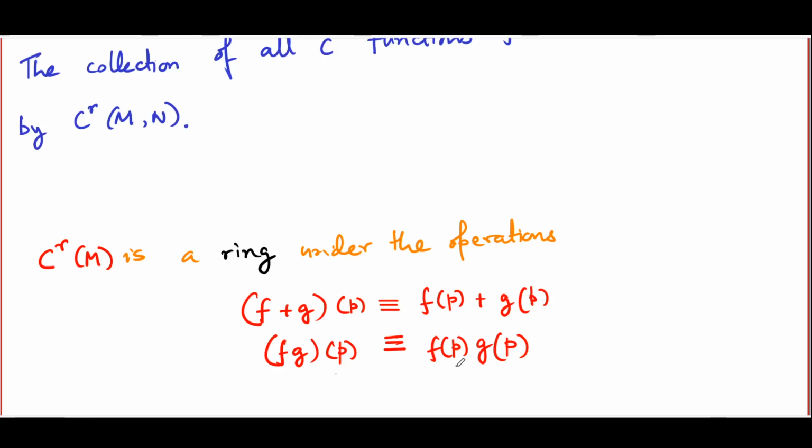A ring basically is such a set where you have two operations, plus and multiplication, and these two operations speak nicely to each other, by which I mean results like this hold. f times (g plus h) distributes nicely into fg plus fh, and so on. So basically a ring is a set in which you can add and multiply, and the multiplication talks nicely to the addition.